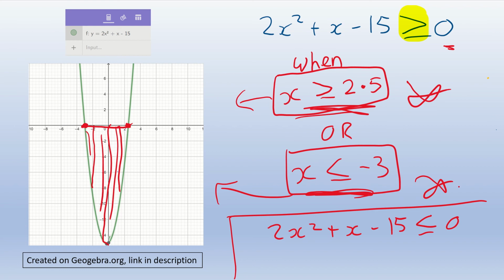So this would be when x is greater than or equal to minus 3, or when x is less than or equal to 2.5.